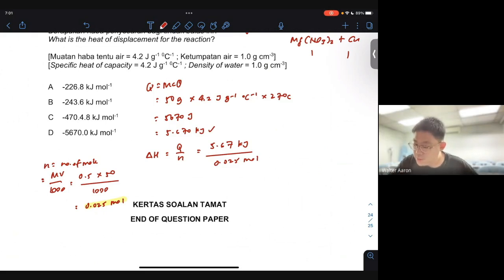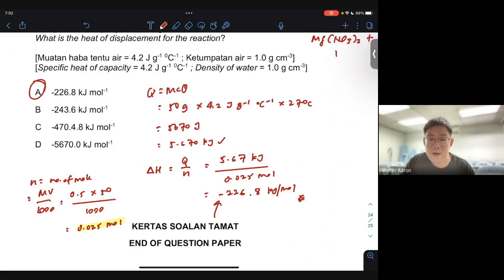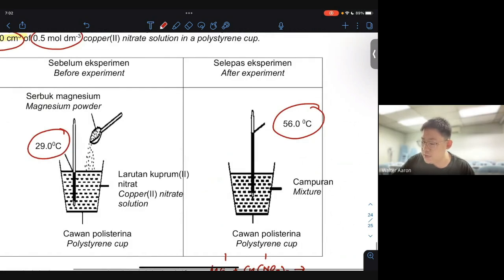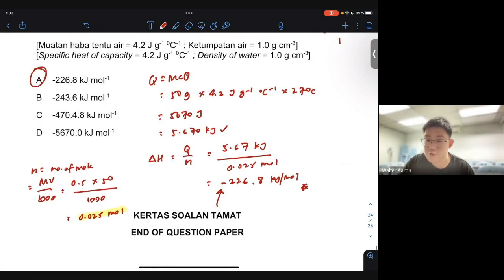So the answer here will be negative 226.8 kilojoules per mole. So that's the answer, technically. If you take a look at that, you will notice that the answer is supposed to be A. Now remember, it's an exothermic reaction. How do I know? Because we saw an increment in temperature from 29 to 56 degrees Celsius. So we know that this is an exothermic reaction, so make sure you remember to put the negative sign there as a practice.